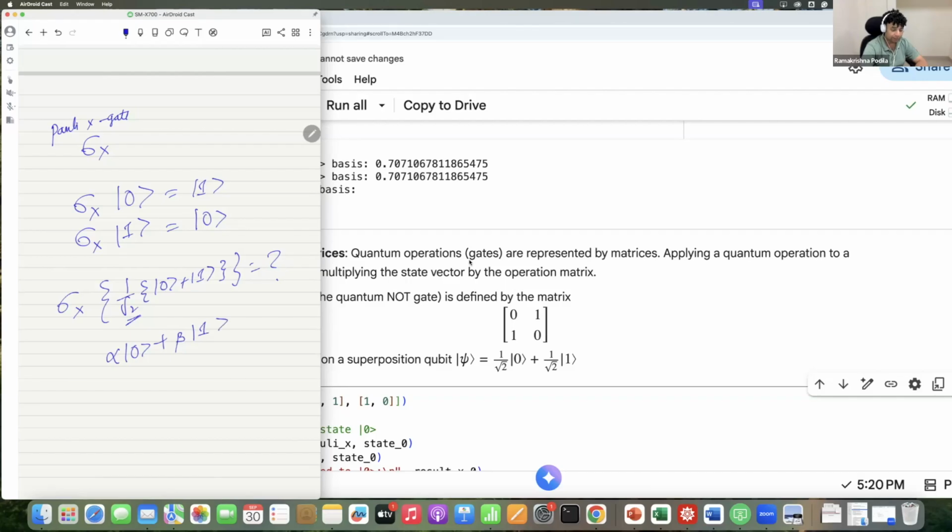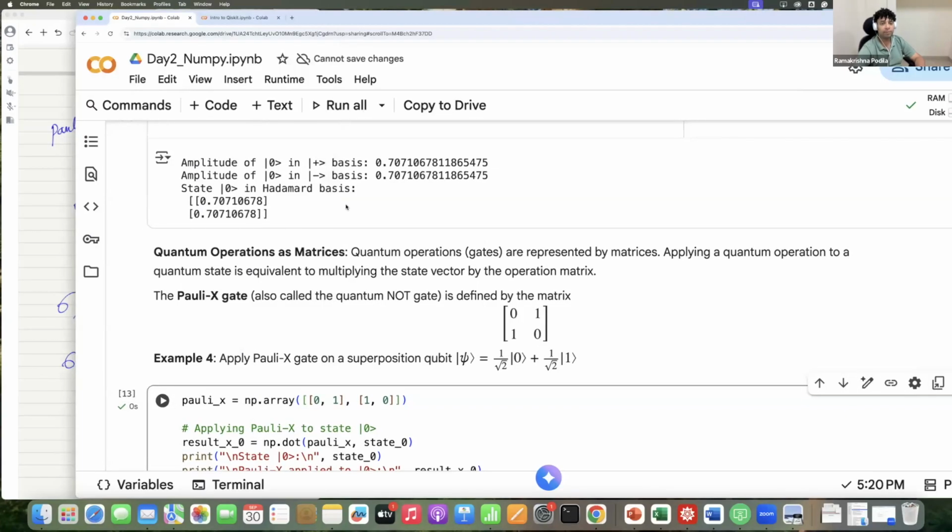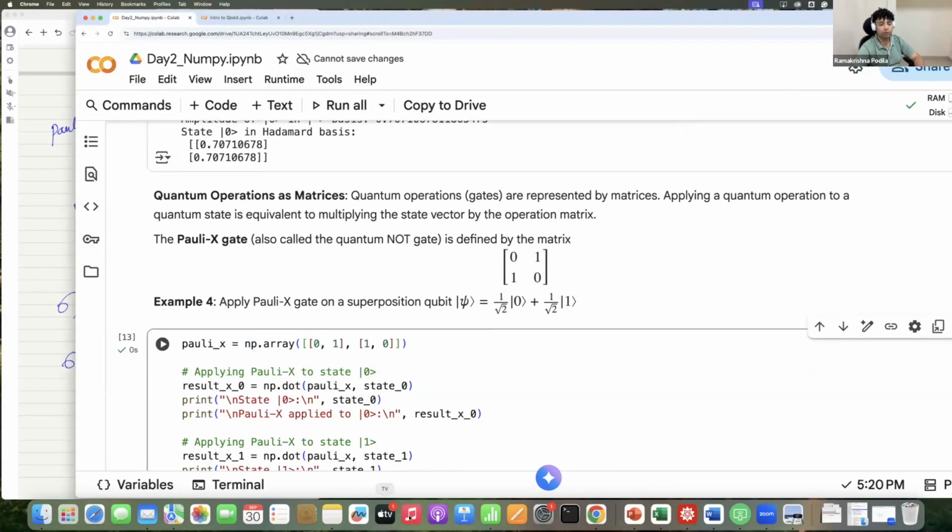Then if I applied this Pauli gate on that, I would get alpha times 1 and beta times 0, which is not the same as the original state. It would be the same as the original state only for the special case when alpha is equal to beta. I hope you're able to see that.